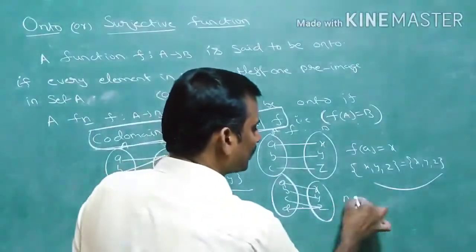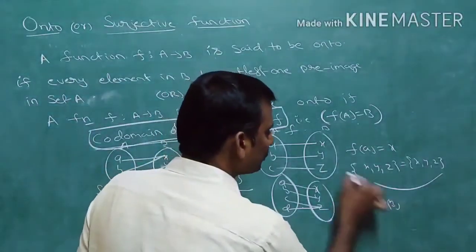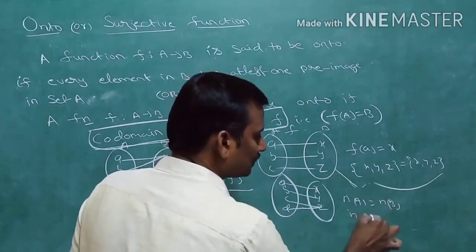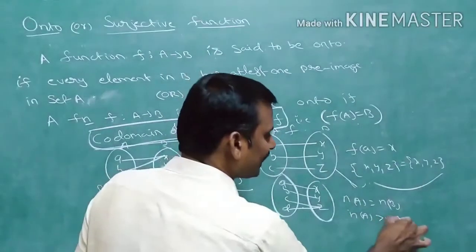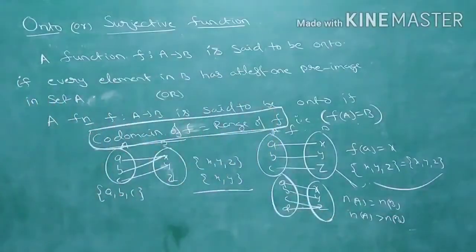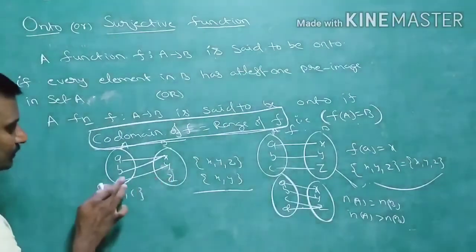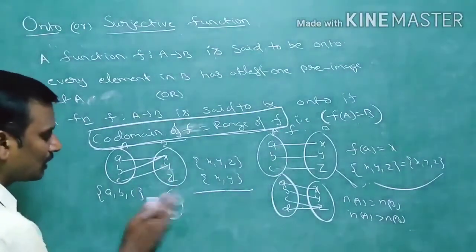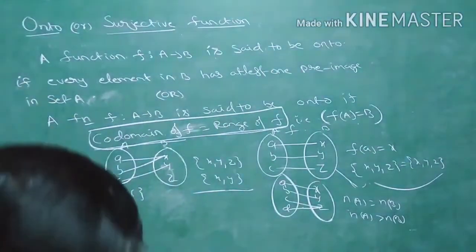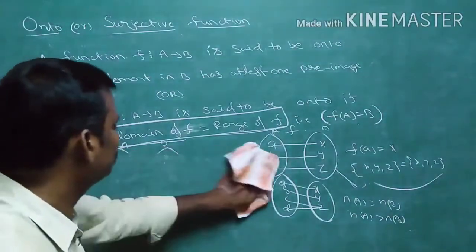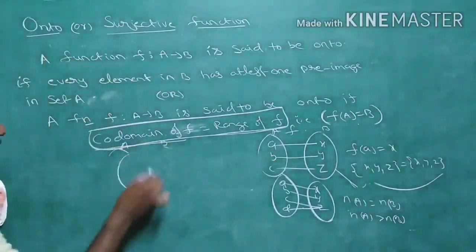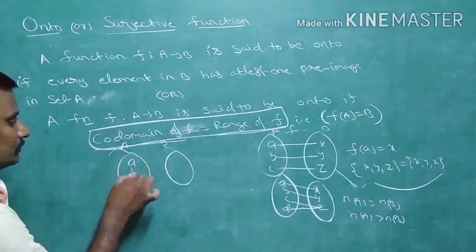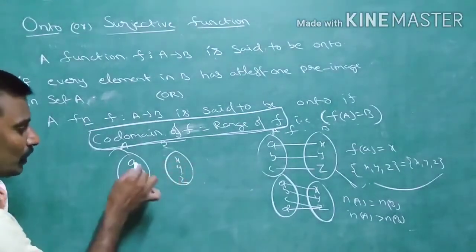Here n of A equal to n of B. Here n of A is greater than n of B. What about this one?